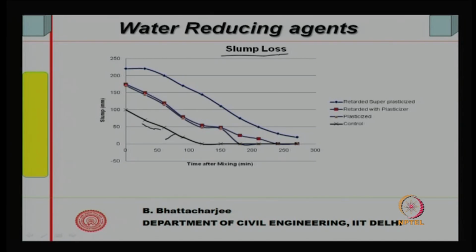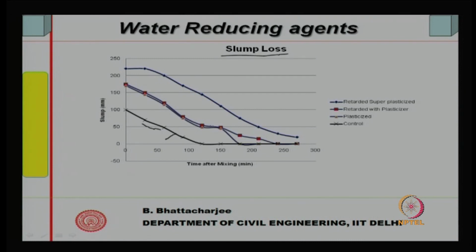Now, you have plasticized one, that is this line, just plasticized. Initially it is high, and obviously it is retained for a longer period of time, and if you have a plasticizer cum retarder, it is still retained for a longer period of time. So, it is nearly doubling up the time when slump becomes 0, but anyway you might be requiring some fixed slump. So, it can retain for longer period of time.